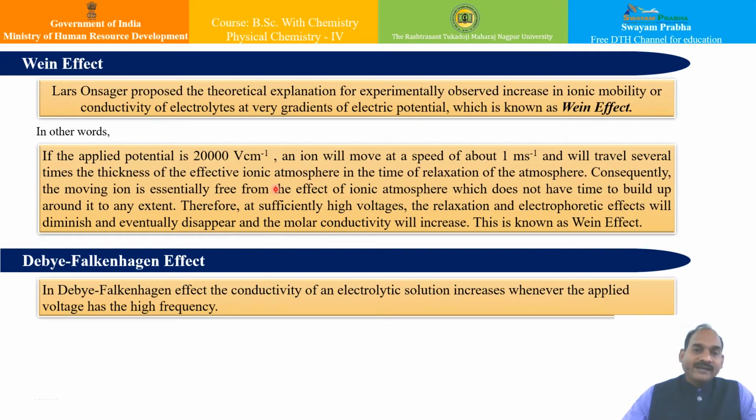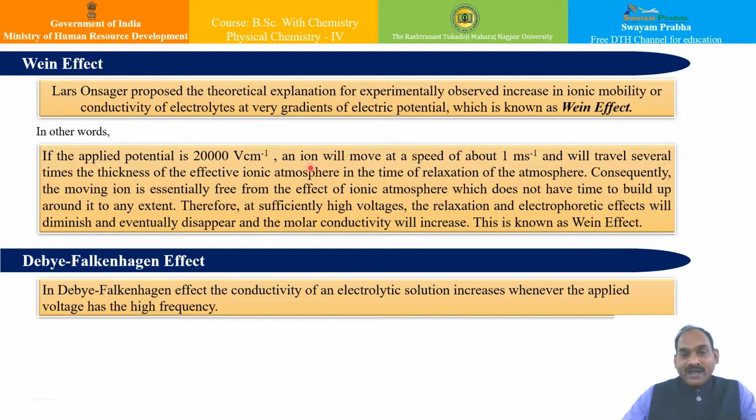First, we will see the Wien effect. Both these effects show evidence that the ion atmosphere exists around the ions and how this ion atmosphere affects the ionic mobility, which we have already seen in the asymmetric effect and electrophoretic effect.